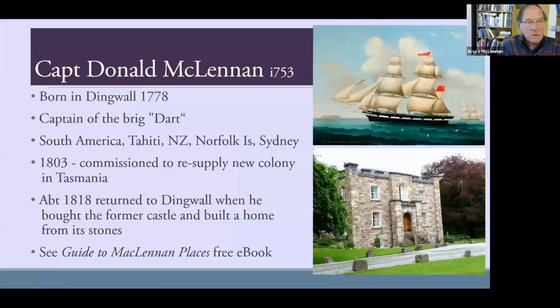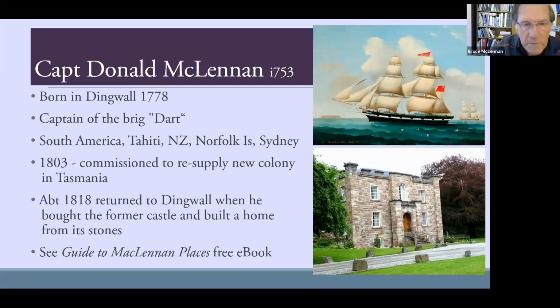Don't forget that the second place they settled was Hobart, and the supplier to the settlement in Hobart, only weeks after it had been established, the second fleet, as they call it, from Sydney to Hobart, the commander of that fleet was our Donald MacLennan from Dingwall, Captain Donald.